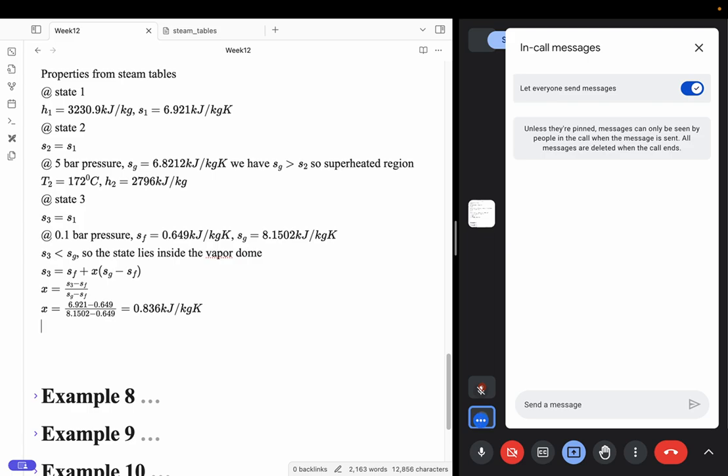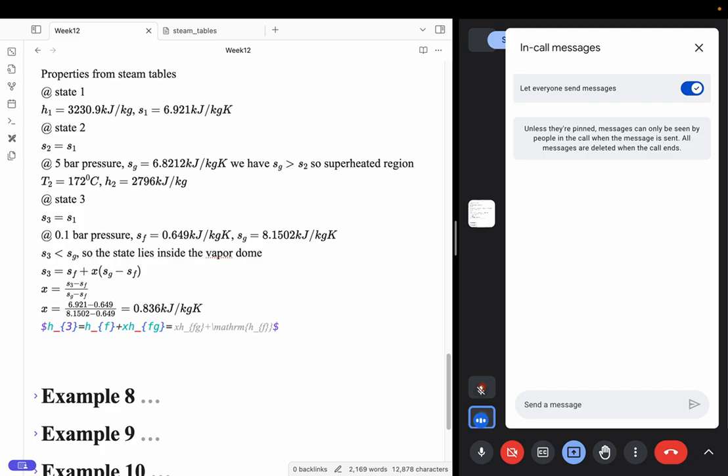Now I have my vapor fraction. Once you have the vapor fraction, you can calculate HF, Hg, and from there the enthalpy. That is straightforward. So H3 is HF plus the vapor fraction times HFG, which you will directly get from the steam tables.